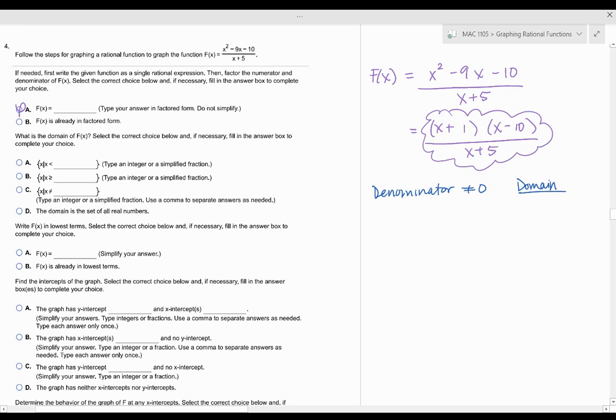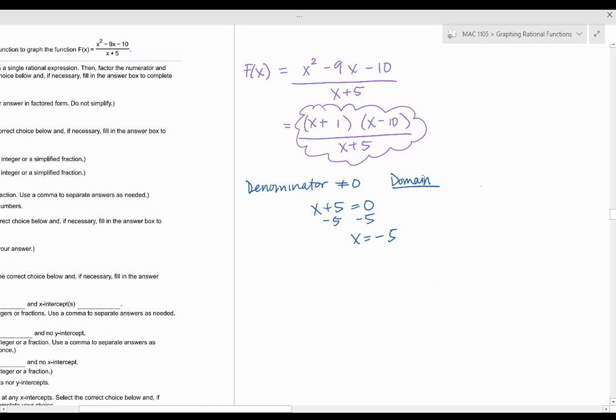All right, so we're going to set our denominator equal to 0 and solve. So we have x plus 5, and we're going to solve for x. I'm going to subtract 5 from both sides. So x equals negative 5. All right, so that means I can plug in anything I want into this function as long as x doesn't equal negative 5.